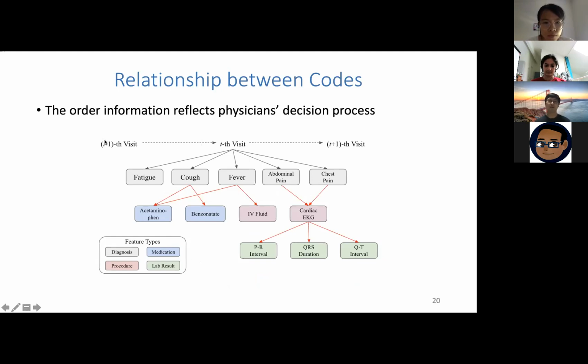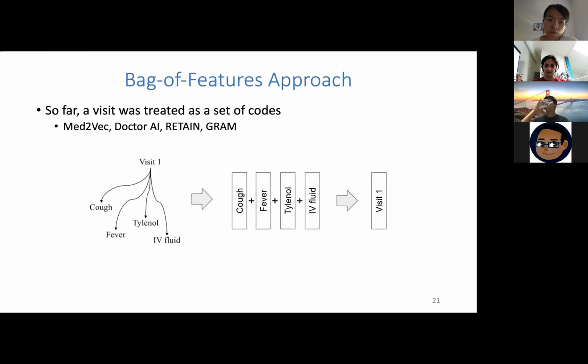So a single patient can be seen as a sequence of visits, and a single visit is now a hierarchical graph. At the top sits the diagnosis layer, beneath it sits the treatment layer, and underneath sits the result layer, if there are lab results. Given this hierarchical graphical structure, what was done so far, including by me before, is to represent a single visit as a binary sparse multi-hot vector.